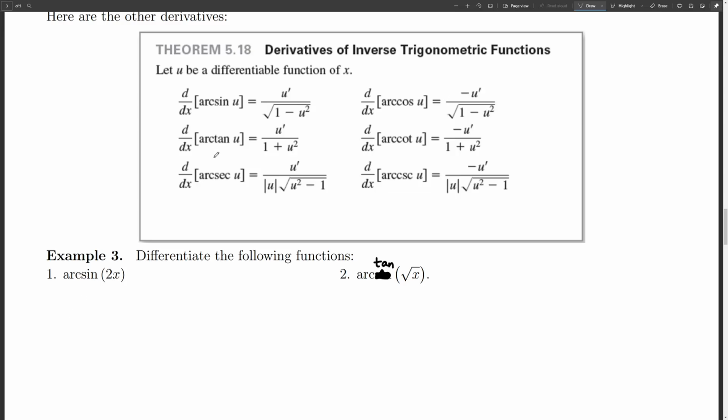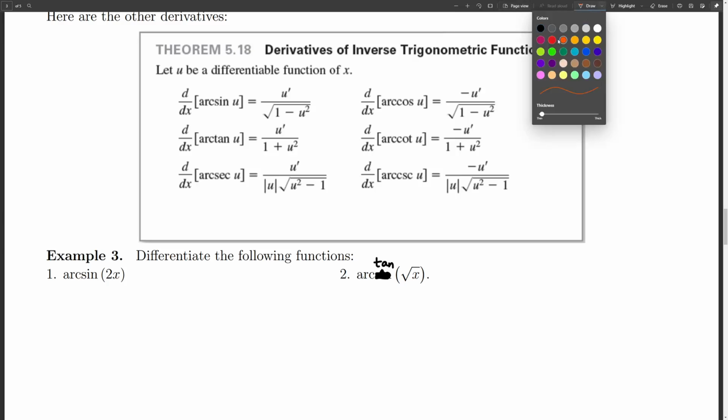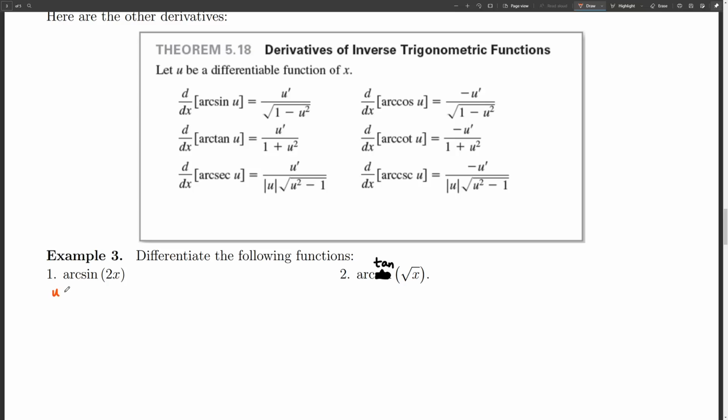Since this is not just arcsine of x, I can do a little substitution, right? I can write u equals 2x, and then I know that u prime is just 2, the derivative of that.